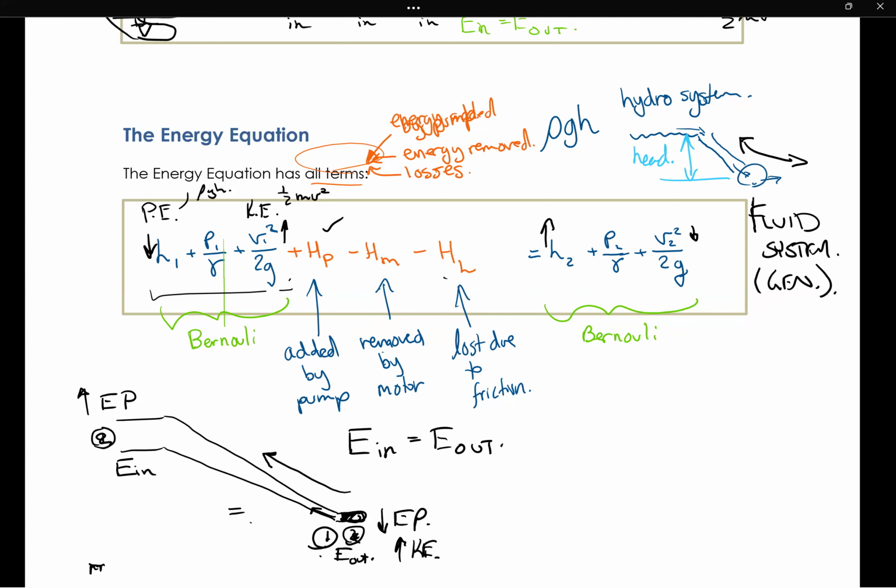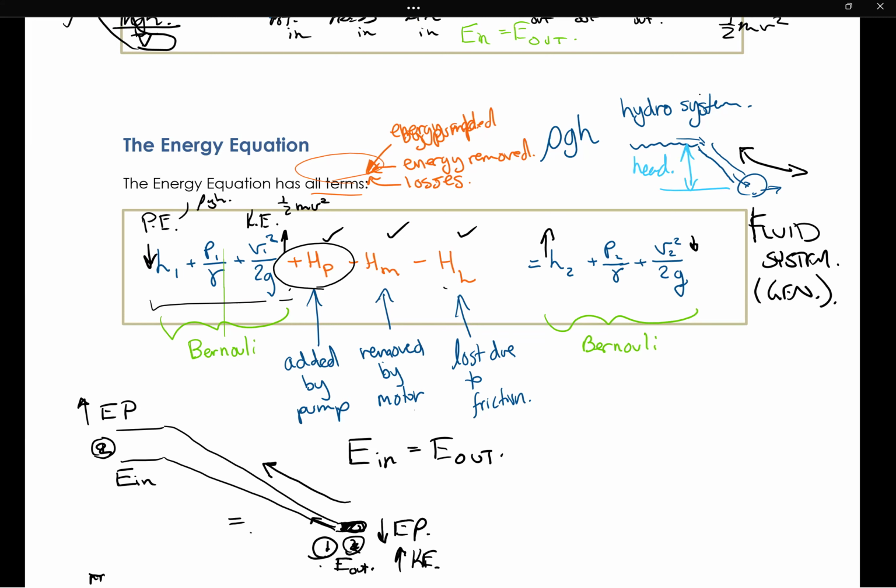But the energy that pump is going to put in, some of that was used to run the motor, and some of that is lost due to friction. So I must add so much to pump this to account for what the motor needed and all of the losses of pumping this up due to friction.